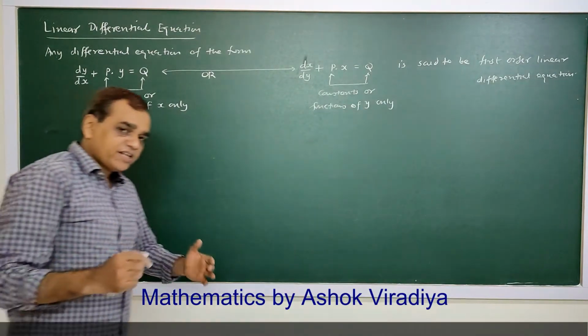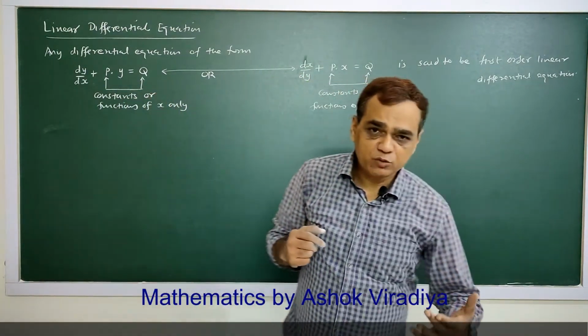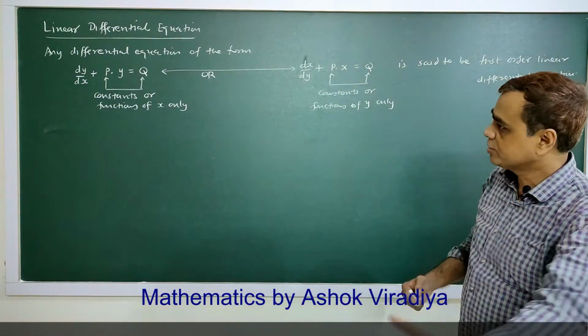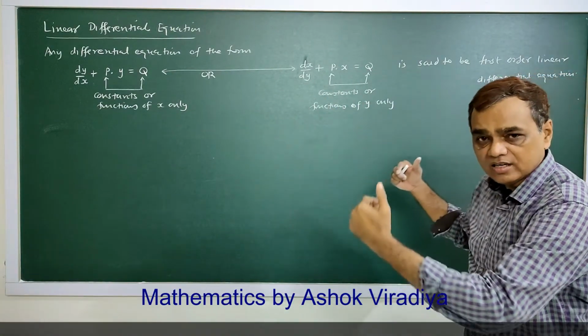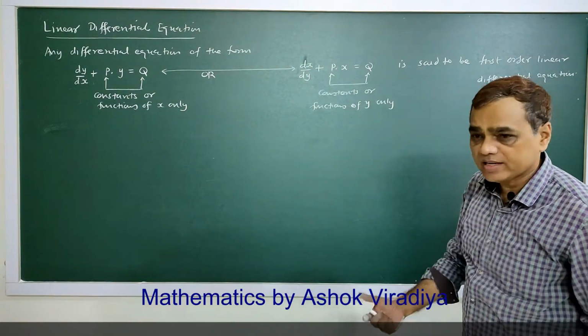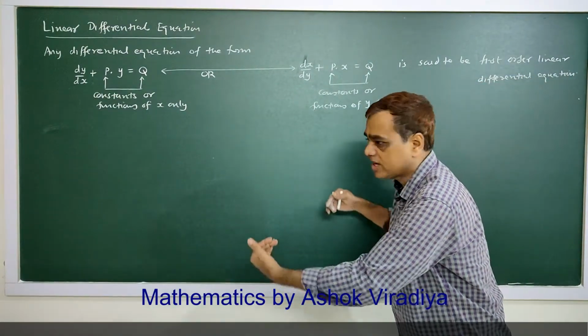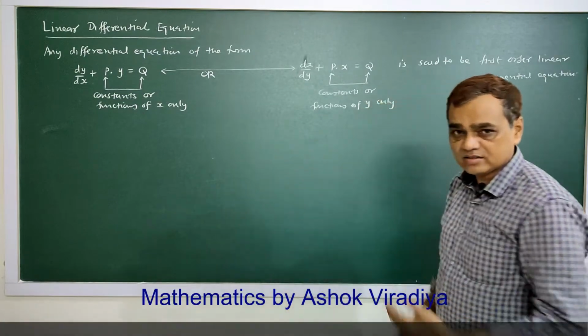So whenever we find the solution of a given differential equation, if you find it in this pattern, then we will apply a method which now I am going to explain.